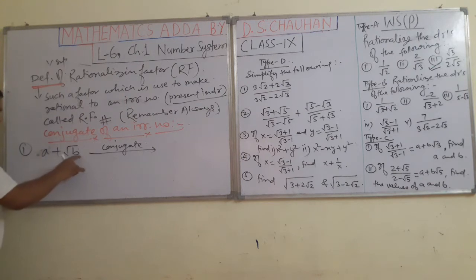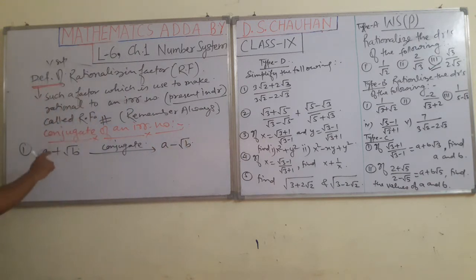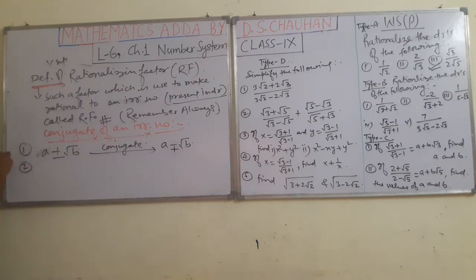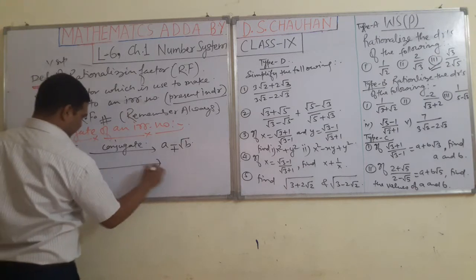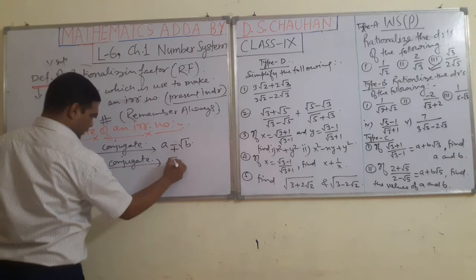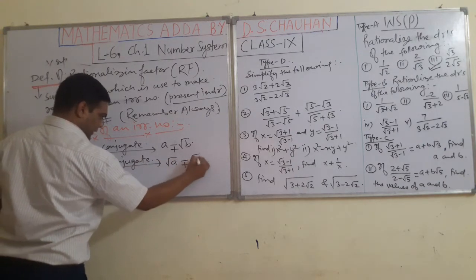The conjugate of a plus under root b is a minus under root b. The sign of the middle term will get changed. Now the conjugate of a minus under root b will be a plus under root b. Second point, the conjugate of under root a plus under root b will be under root a minus under root b. Plus becomes minus, minus becomes plus.